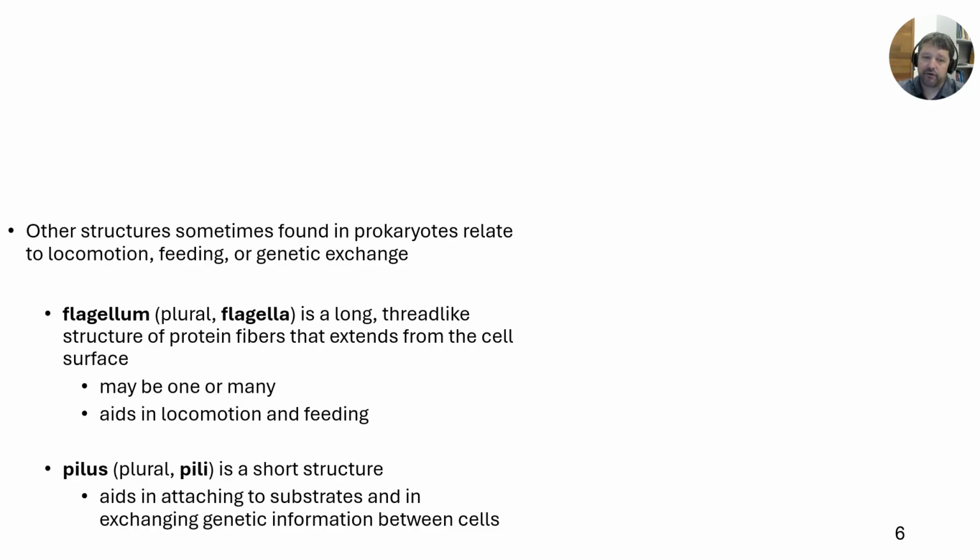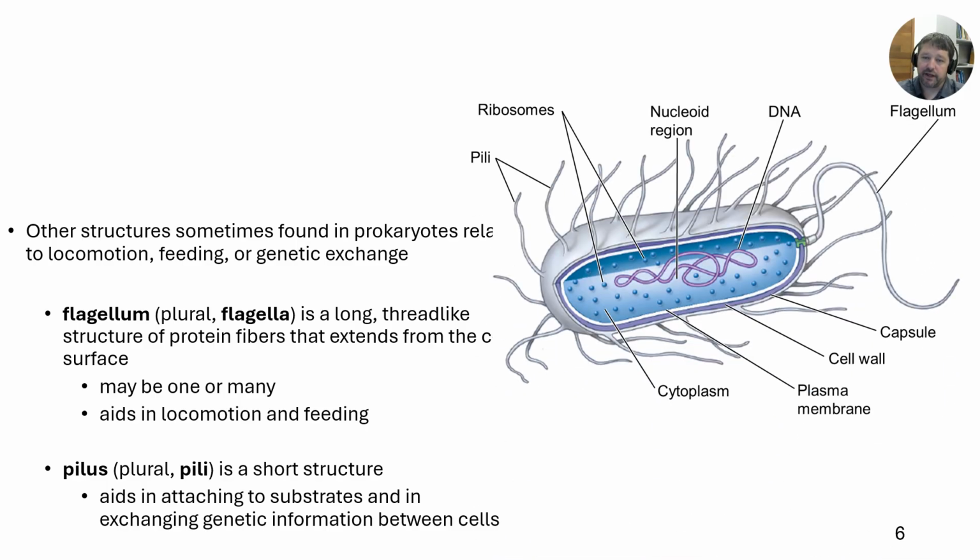Okay, the pili or the pilus, again, we talked about that, being able to exchange genetic material. But for the most part, they're pretty primitive. So here's just another example of a prokaryote, and there's not much to them. A nucleoid region where they're going to have a single chromosome, a bunch of ribosomes in solution, a cytoplasm, a plasma membrane, a cell wall, and sometimes a capsule, a pilus or pili.